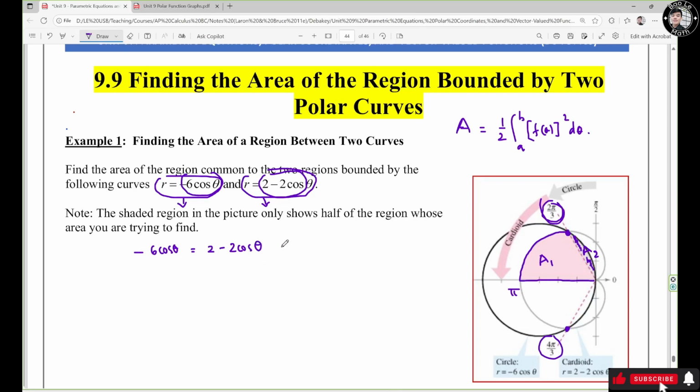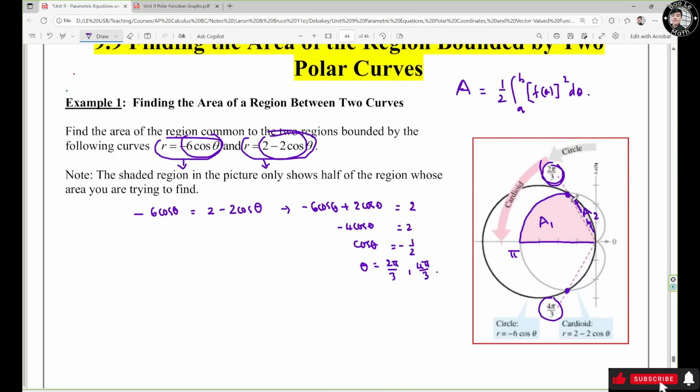So negative 6 cosine theta plus 2 cosine theta equals 2, so negative 4 cosine theta equals 2, and cosine theta equals negative 1/2. Theta equals 2 pi over 3 and 4 pi over 3.